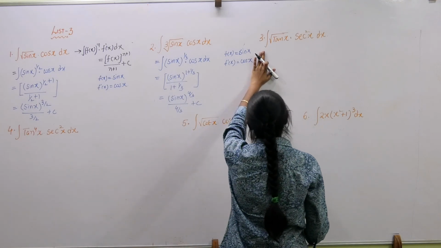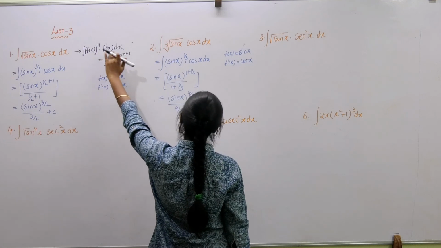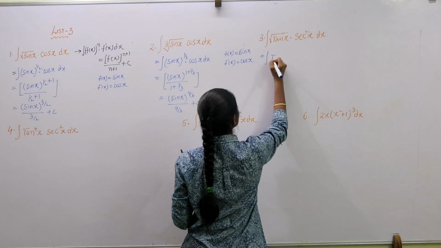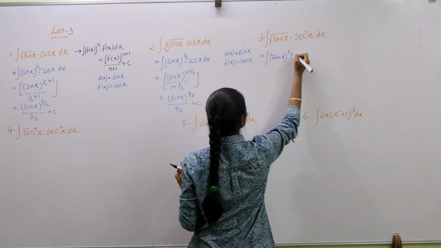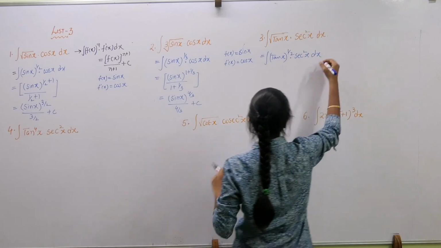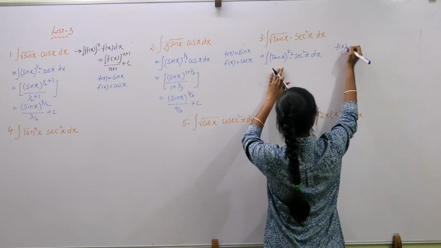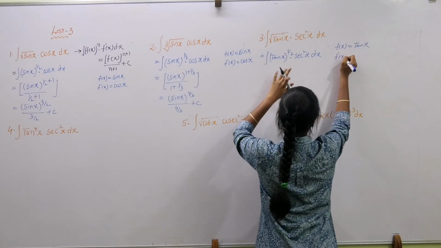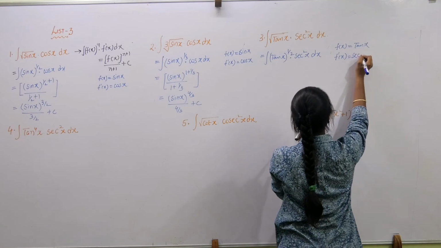Next, third one. This is also in the form of integral of [f(x)]^n into f'(x) dx. In the first step, let me write root of tan x as (tan x)^(1/2) into secant square x dx. Here the value of f(x) is tan x, and f'(x), d/dx of tan x, is secant square x.